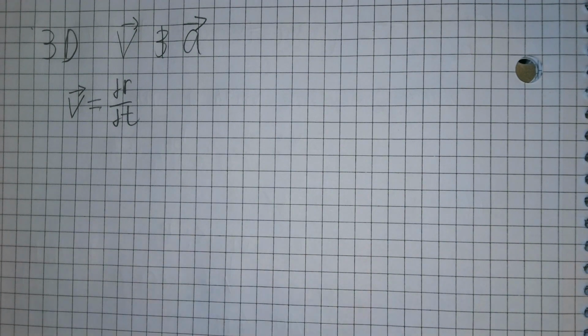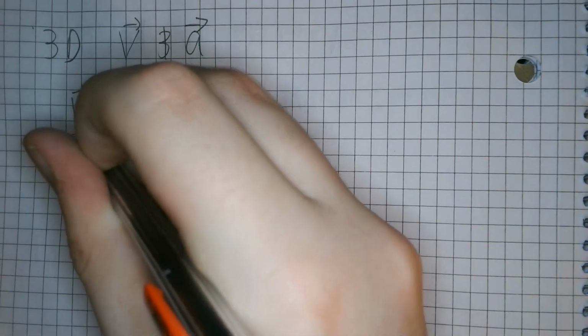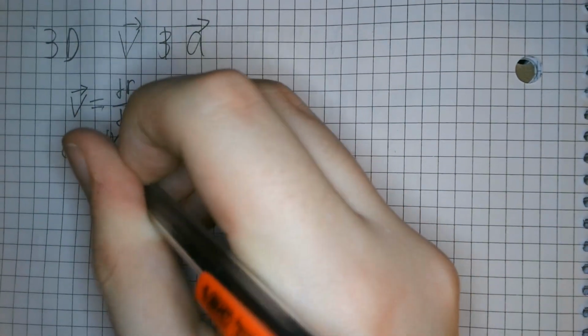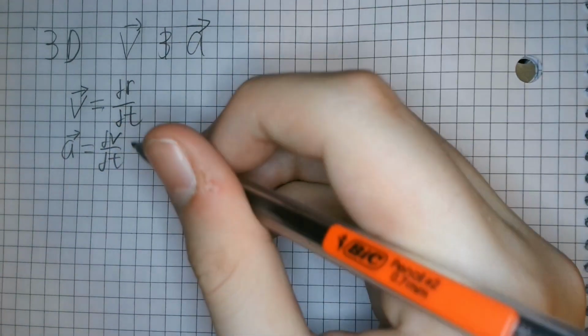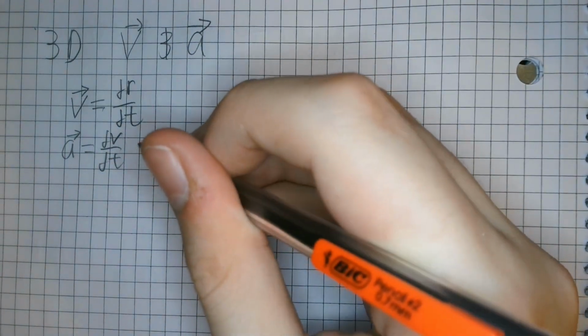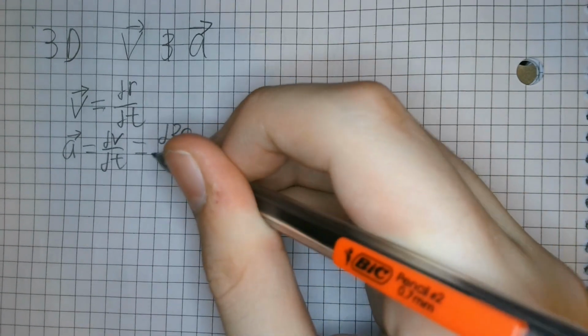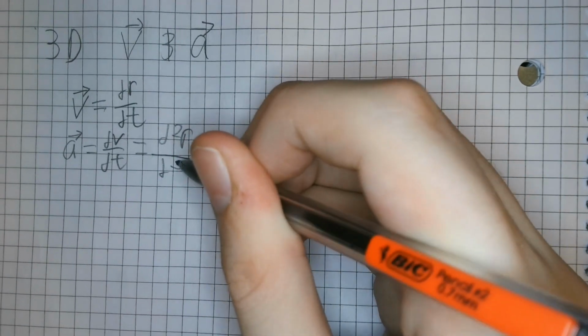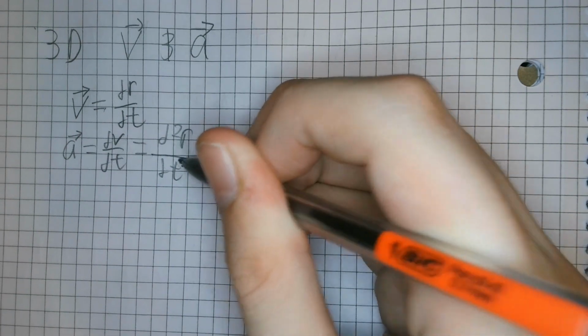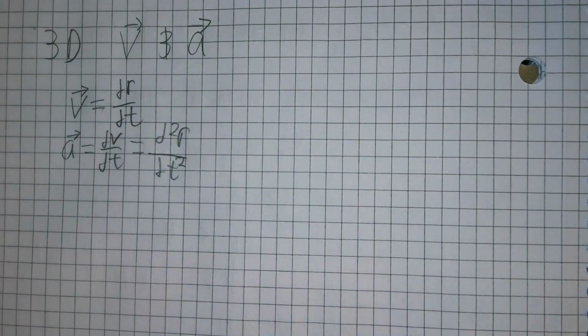Okay? And acceleration is going to stay exactly the same as the derivative of velocity with respect to time. We could write this as the second derivative of position with respect to time, d2r over dt squared.